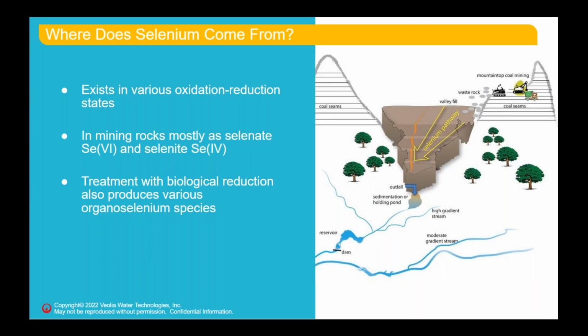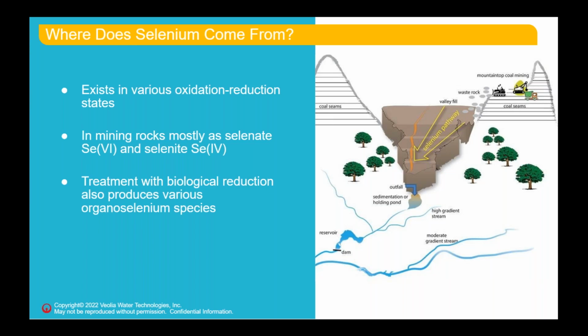It is commonly found with sulfur ore because selenium is very similar to sulfur. So if you have sulfides in the ground, it's likely that you have traces of selenium with the ore as well. And the chemistry of selenium is fairly similar to the chemistry of sulfur.